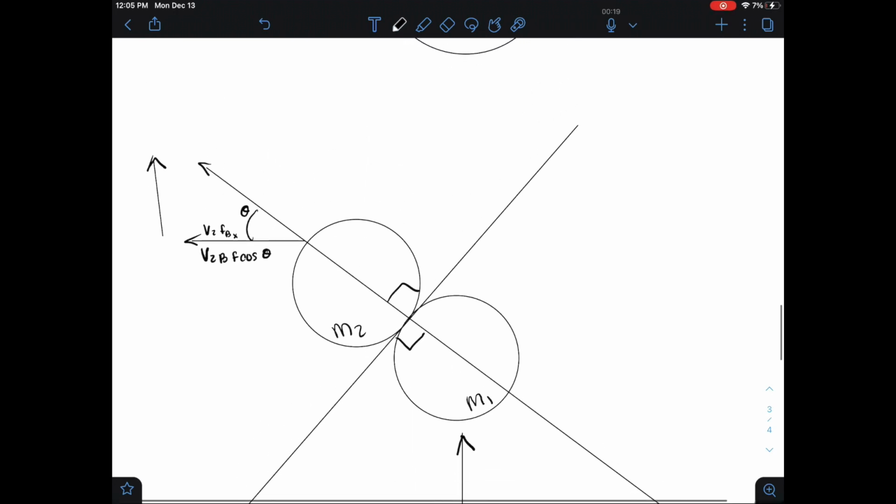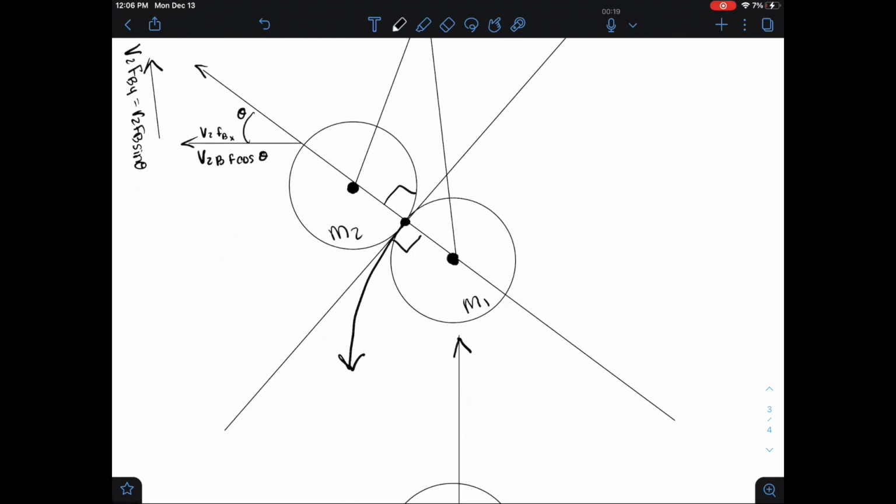Theta representing the angle made by the two axes made by m2, one being the axis going across the center masses and the other being its own x-axis. The y component of m2's velocity is called v2 ob f y, which is equal to v2 ob f sine of theta.